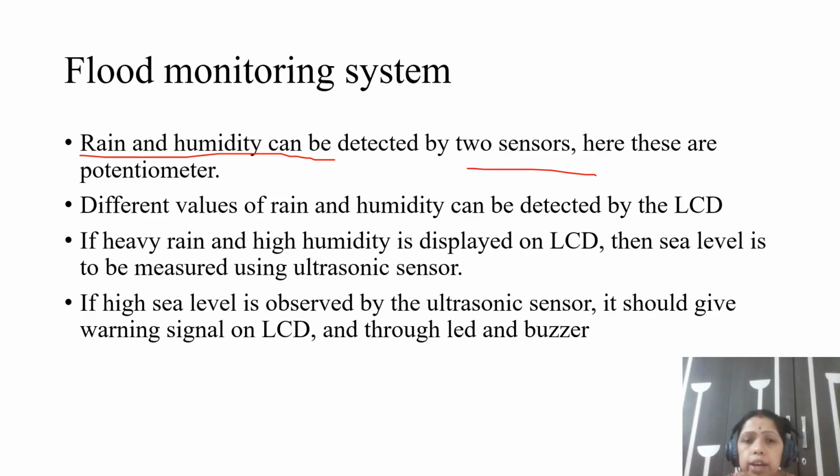A low, medium, or high sea level will be displayed on the LCD screen. If the sea level is high, then the warning signal will be sent through the LED and the buzzer. So this is the total phenomenon that I want to implement: LED and buzzer.